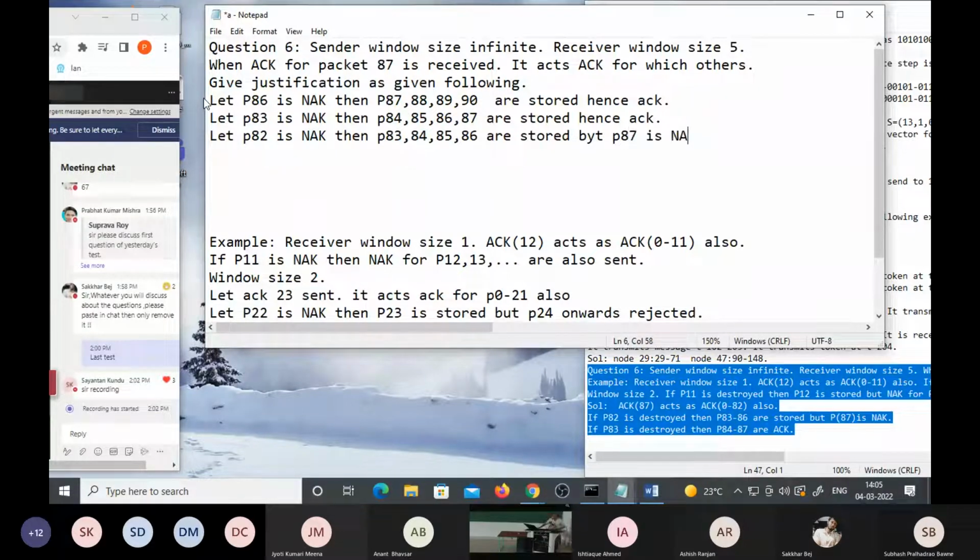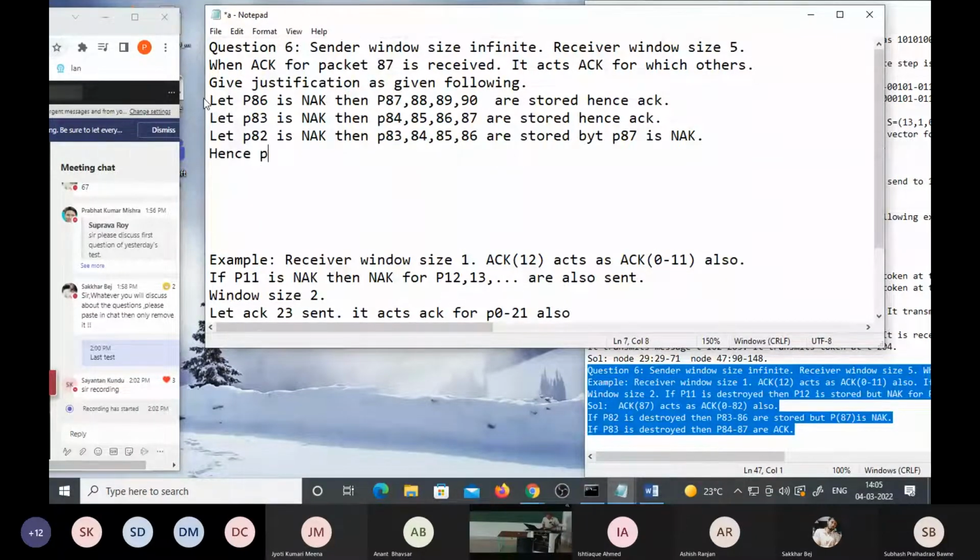It means that P87 cannot be ACK if P82 is NaK. Hence, P87 ACK is ACK for P82 also, which you can extend. Answer: P0 to 82 also.